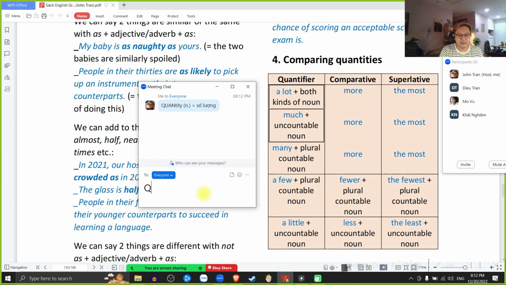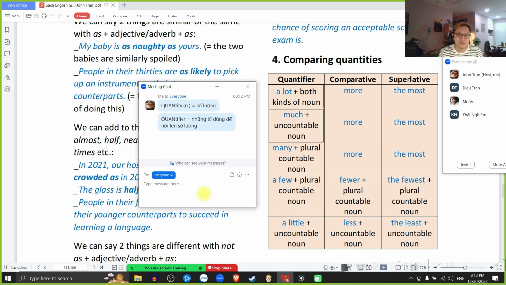So we have quantifier. Quantifier, những từ dùng để nói lên số lượng. So these are words. Quantifiers are words that you can use to talk about how much in quantities, you know.